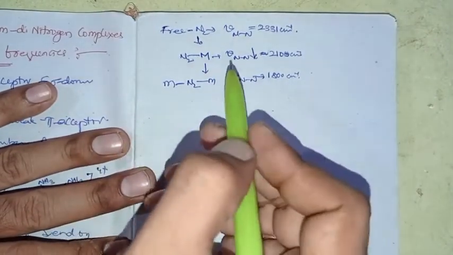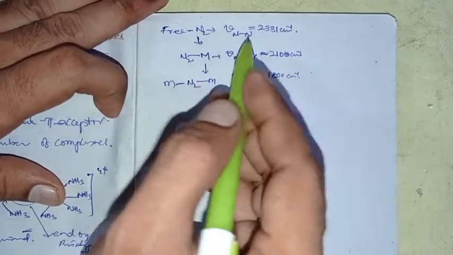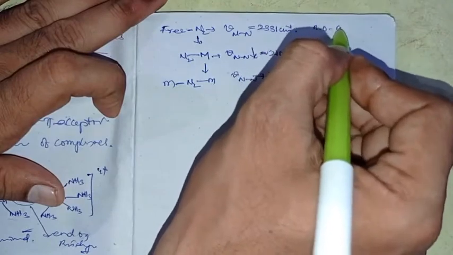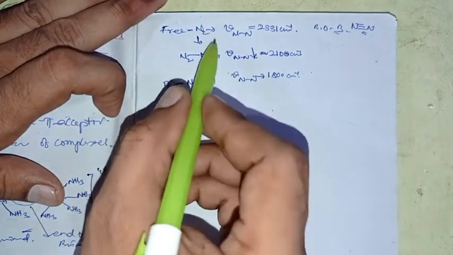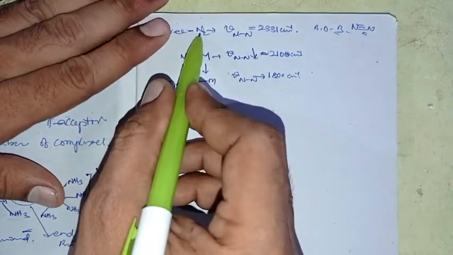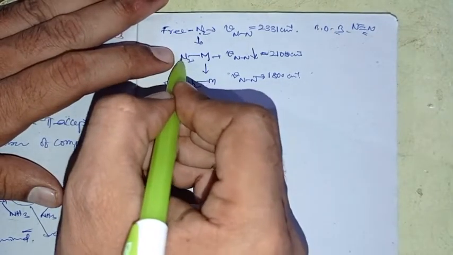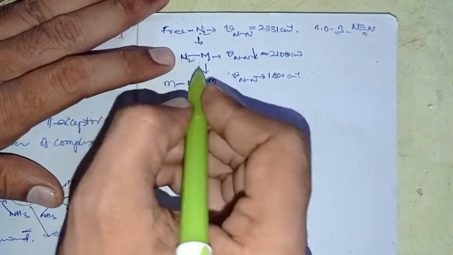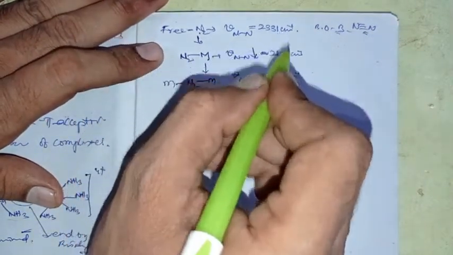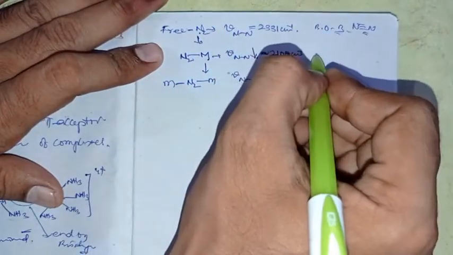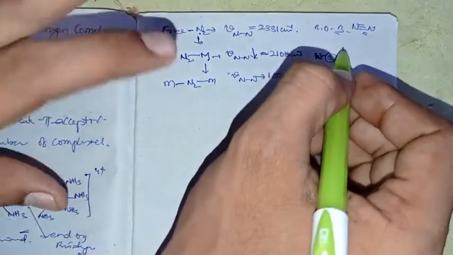Why does this happen? In free dinitrogen the bond order is triple; the nitrogen to nitrogen bonds are 3. When free dinitrogen complexes with a single metal in a terminal bonding mode, the nitrogen's constant trivalency makes the nitrogen to nitrogen triple bond order decrease. We know that nitrogen has trivalency and can maximally form 3 bonds.